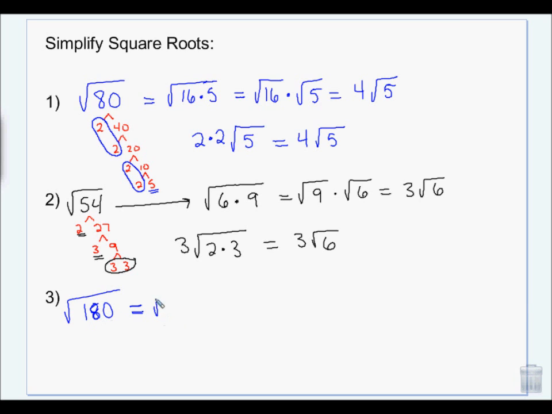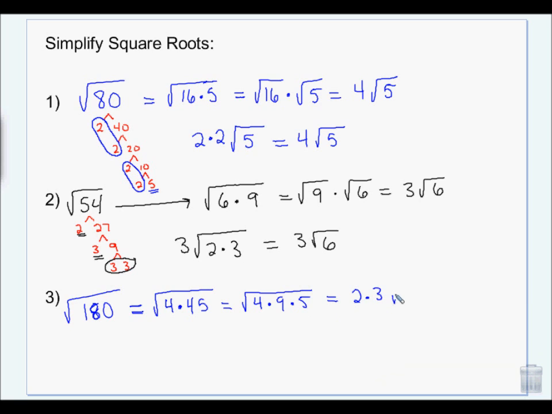I know this will divide by 4, which would give me 45, right? And then 45 has a 9 in it. So there I found 2 perfect squares.